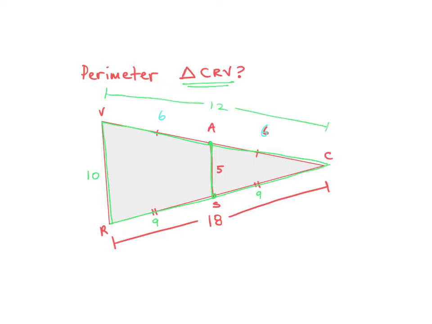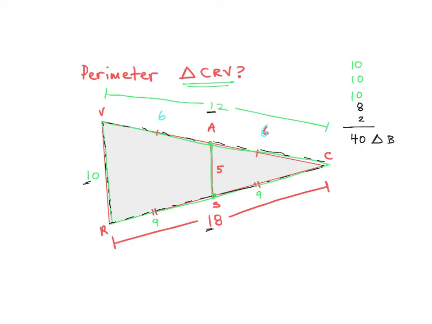Now, just as mental math, I like to go 10 plus 10 plus 10 because I have 1, 2, 3 tens, and then add the 8 and add the 2, and I have a perimeter of 40. So if I trace this all around, I should in fact have a perimeter of 40 here, which I do.